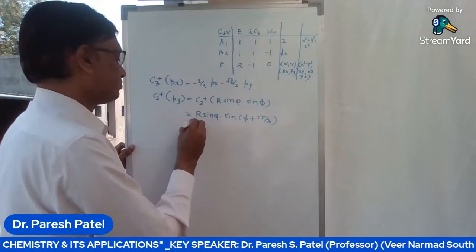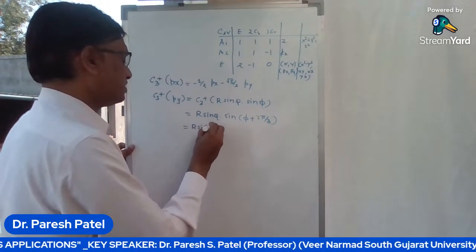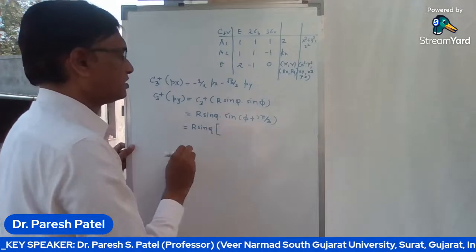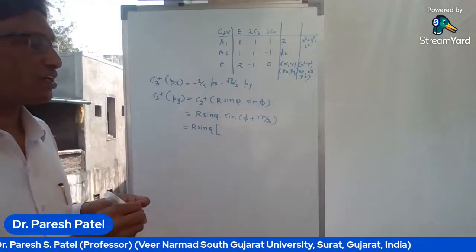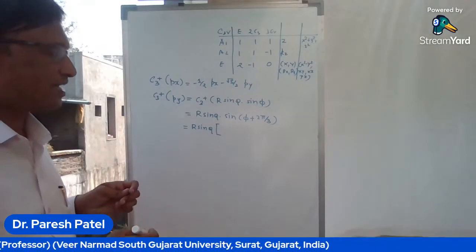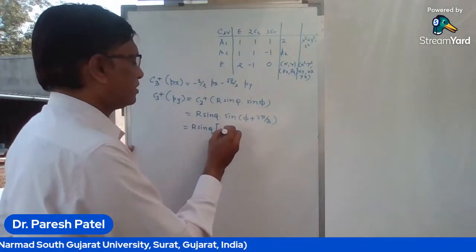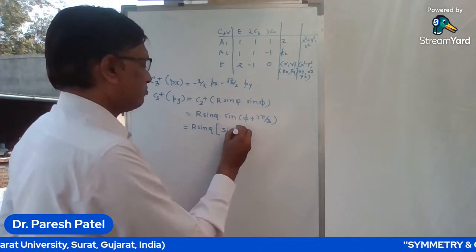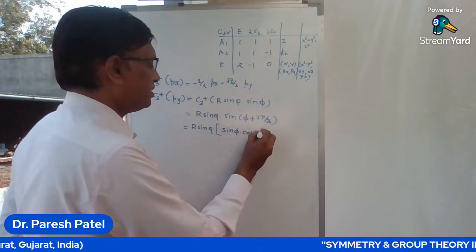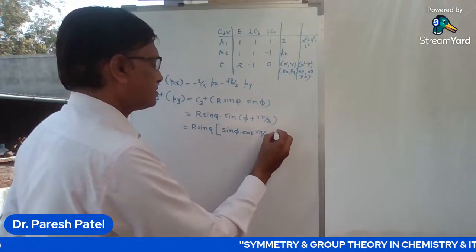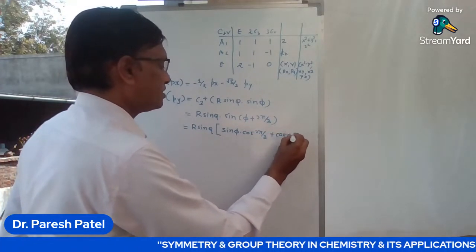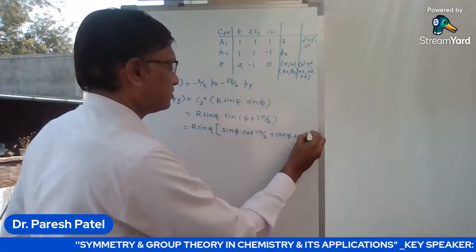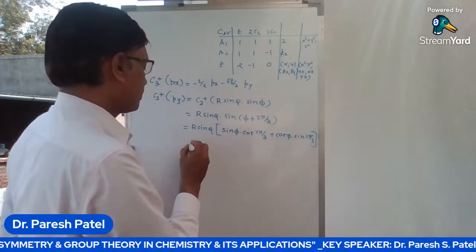Using sine a plus b equals sine a cos b plus cos a sine b, we get sine phi cos 2 pi by 3 plus cos phi sine 2 pi by 3.